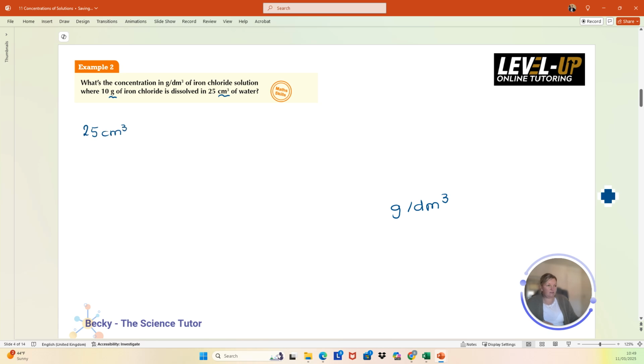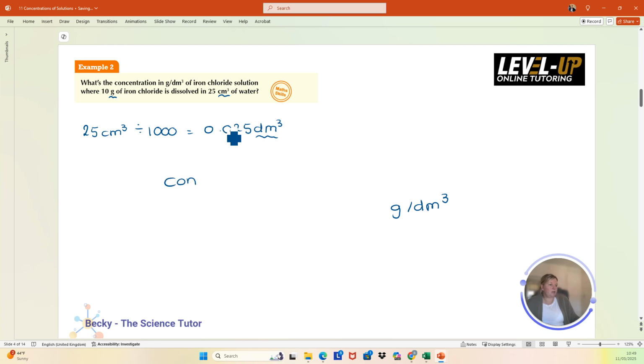I'm going to divide that by 1,000 to get it into decimeters cubed. That gives me 0.025 decimeters cubed.